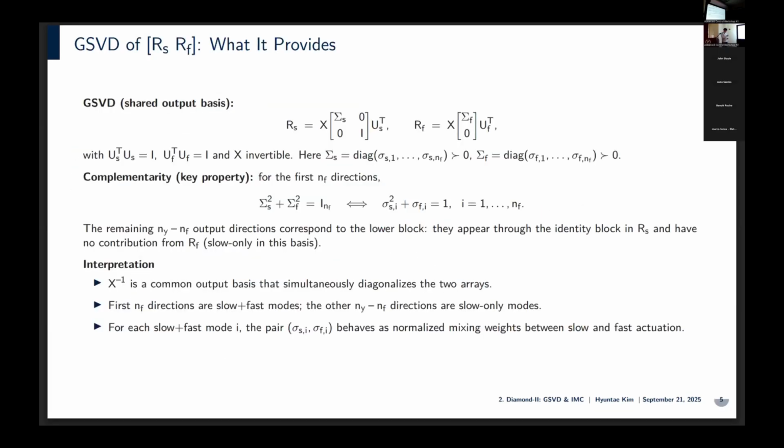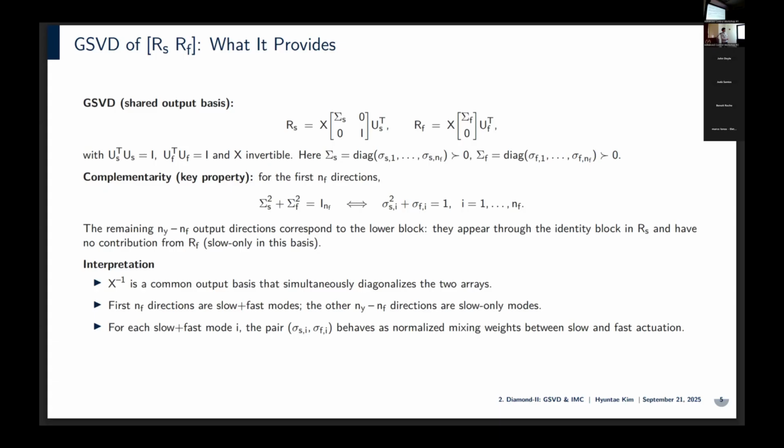What we'll do is expand our previous idea from Diamond 1, the SVD, to the GSVD, the generalized singular value decomposition of R_S and R_F. When we do the generalized singular value decomposition of R_S and R_F, we get these matrices X and U_S, or X and U_F, and Sigma_S and Sigma_F.